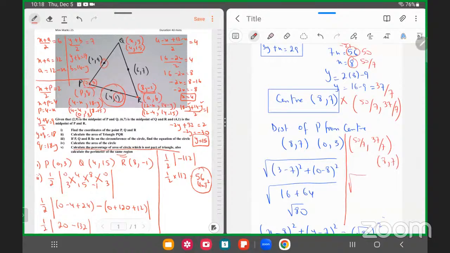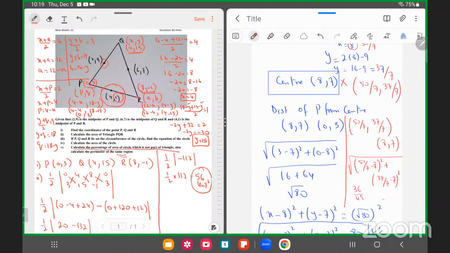So we need to find this distance, that is 50 upon 7 minus 8 the whole thing square, 37 upon 7 minus 7 the whole thing square. 50 upon 7 minus 8 the whole thing square, 36 upon 49, plus 37 upon 7 minus 7 the whole thing square is 144 upon 49. So radius turns out to be 1.92.